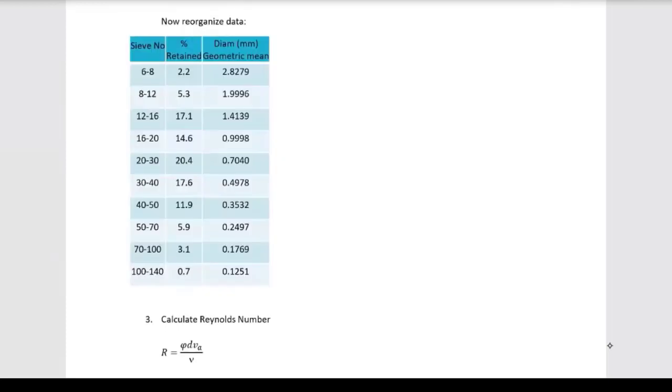So the next thing we'll do is we want to reorganize the data. So what we're looking at is the percent retained between two sieve sizes. So if you look here, this 2.2 is 99.0 minus 96.8. So what we were given was the cumulative mass passing.